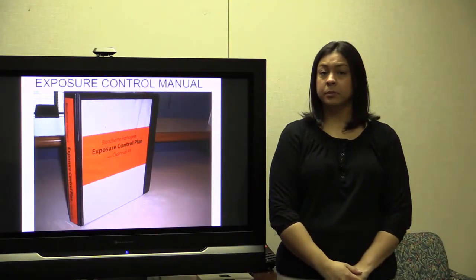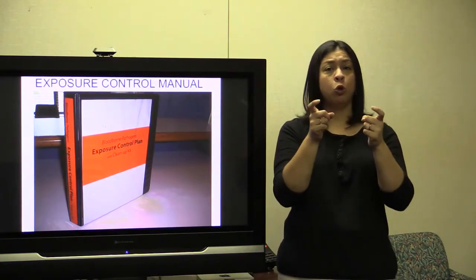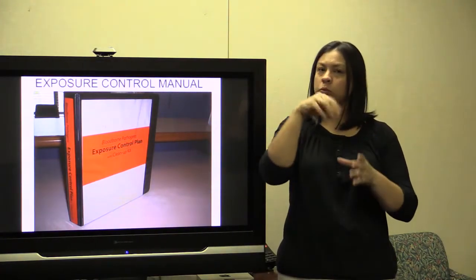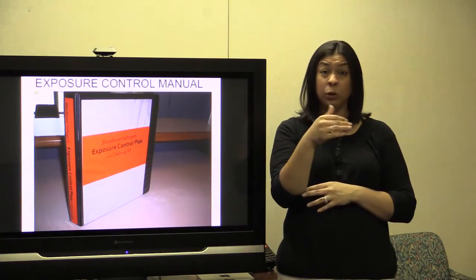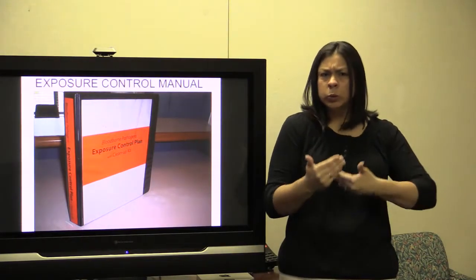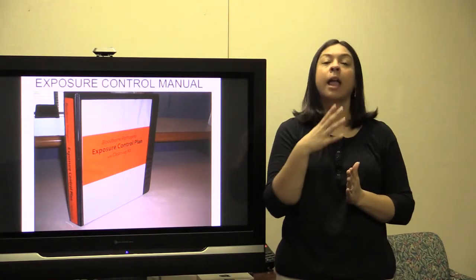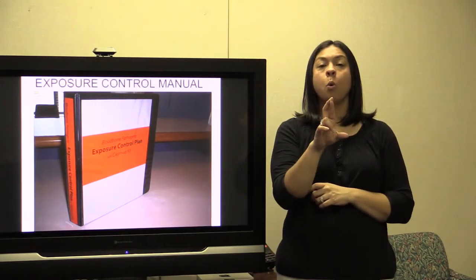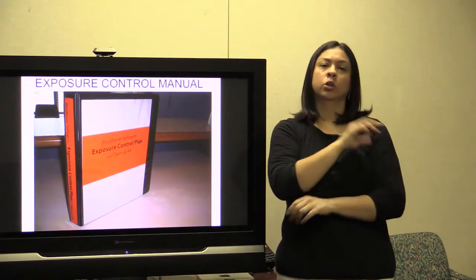This is the exposure control manual. This is a wealth of information in this book. This tells you if you are exposed, the different forms to use, and to bring them to either HR to help fill out, or also to the health center.